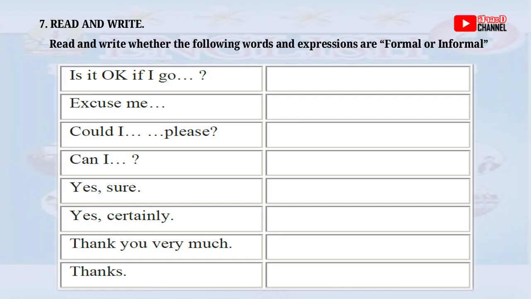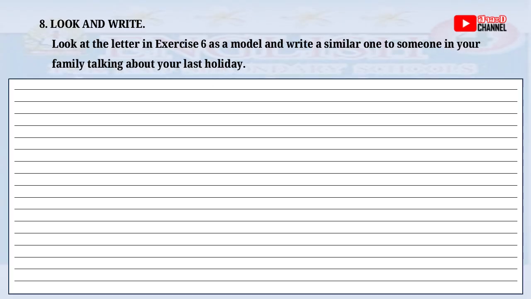Read and write whether the following words and expressions are formal or informal. Exercise 8. Look and write. Look at the letter in Exercise 6 as a model and write a similar one to someone in your family talking about your last holiday. That's the end of Unit 4.